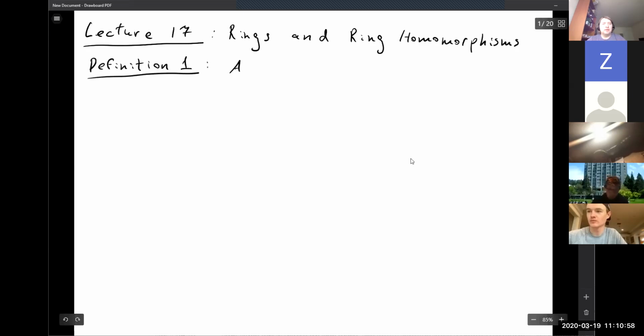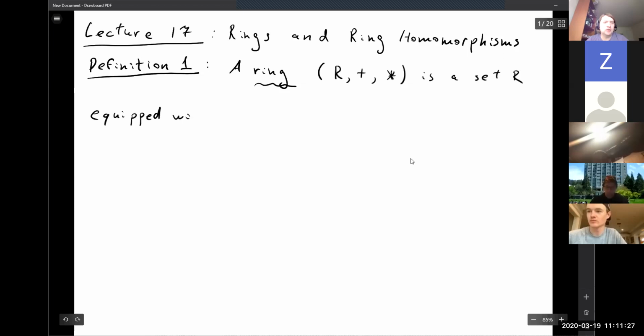So a ring, and let's call it R, is a triple of R with a pair of binary operations on R. So it is a set R equipped with two binary operations.